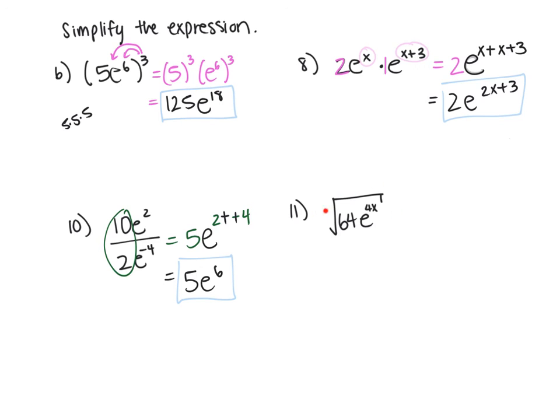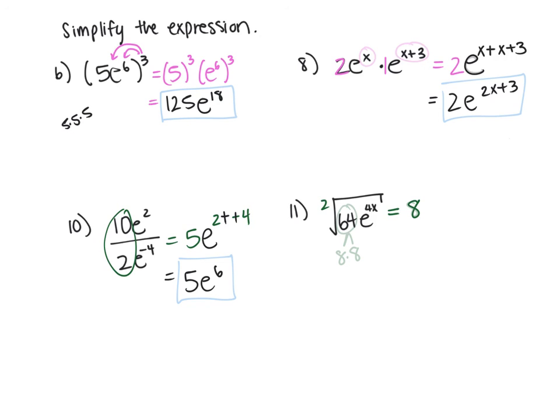All right, and then this one here, we have a square root. You guys have probably been sick of me saying this, but a square root always has a 2 outside, and in this case we know that we're probably going to be using that 2. Now the square root of 64 is 8, because the two numbers that multiply to give you 64 are 8 and 8. And so we remember that pairs come out of the root.